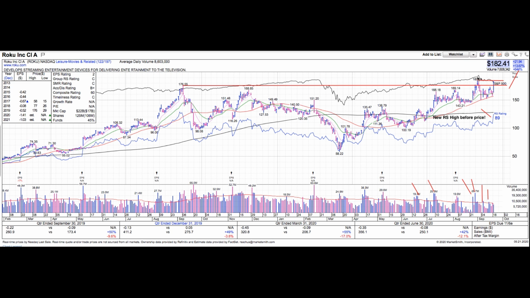You can see this black line here. This is the S&P 500. You can see the market was in a correction, and ROKU was very close here to new all-time highs, and this is really relative strength. So the stock and the price action is very strong in comparison to the general market.